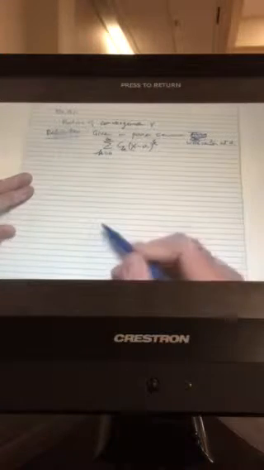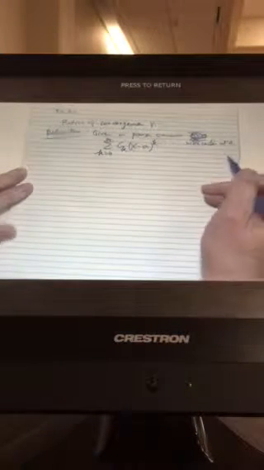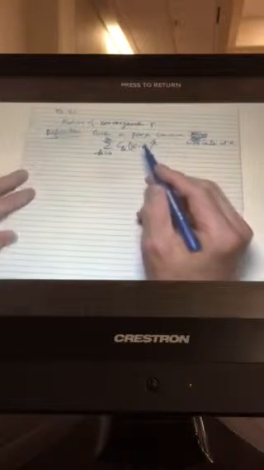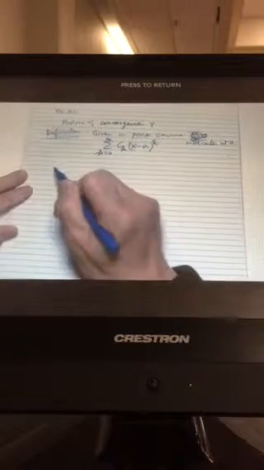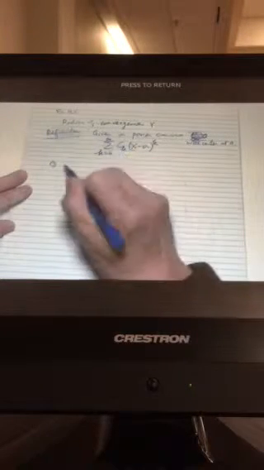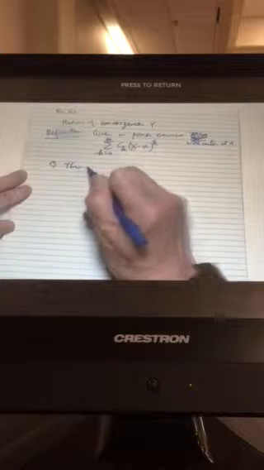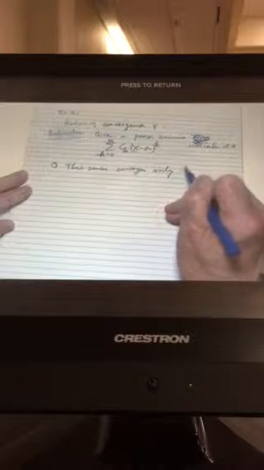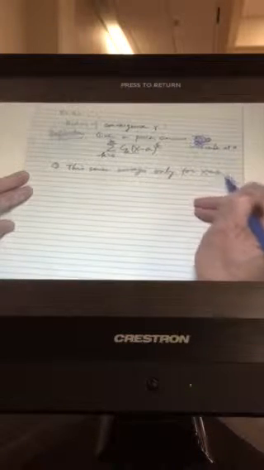Now, for this series there are three possibilities. One is that this series converges only for x equal to a.